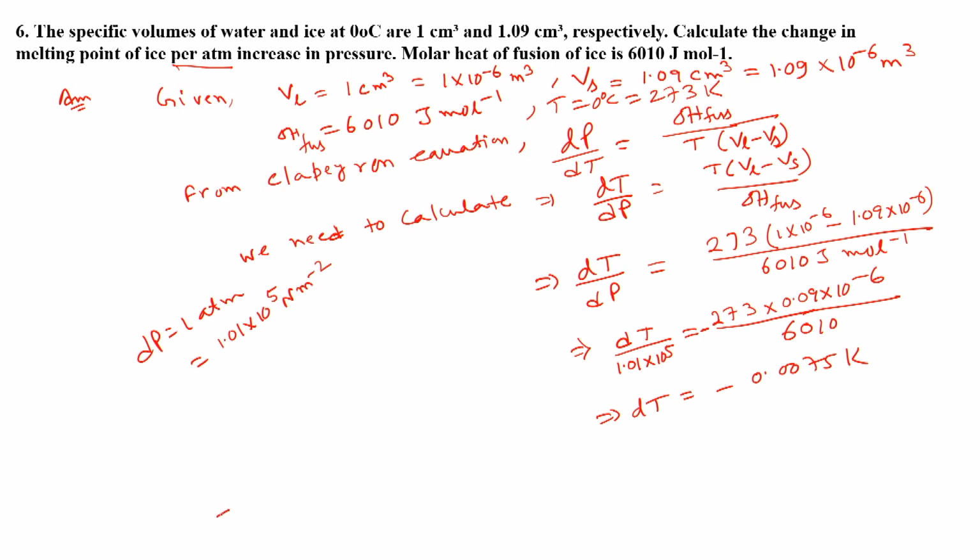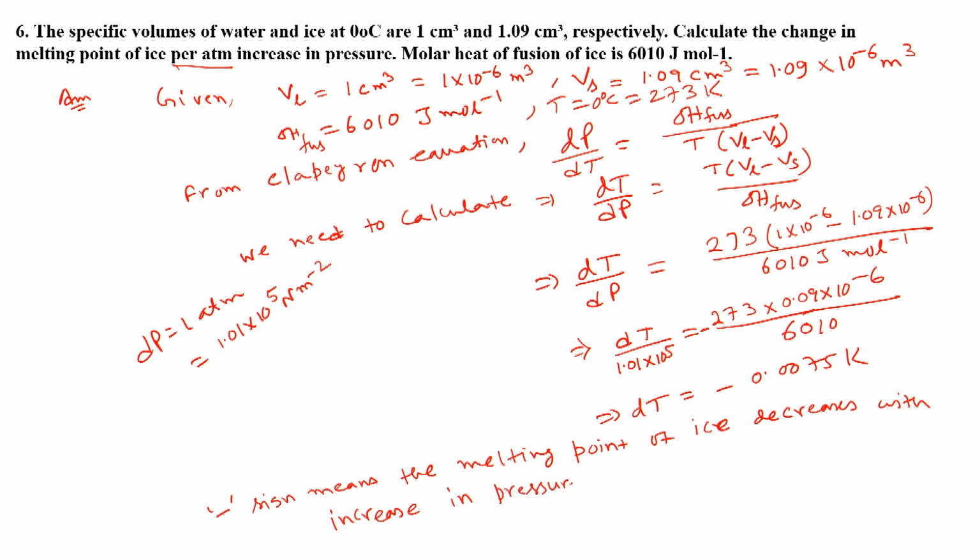So negative sign means the melting point of ice decreases with increasing pressure. That is what we observe from the phase diagram of water.